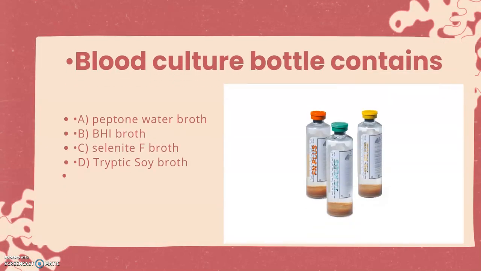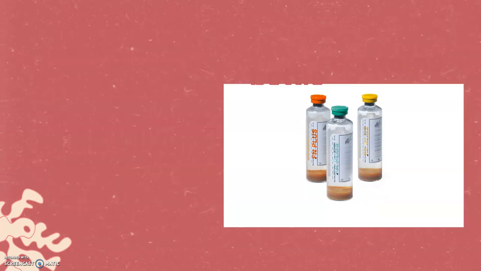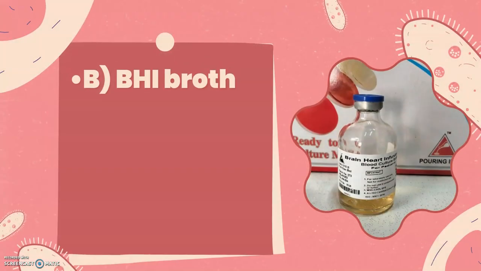Next question, blood culture bottle contains A. Peptone water broth, BHI broth, selenite F broth or tryptic soy broth. The answer is BHI broth or brain heart infusion broth, which is used in the blood culture bottles.